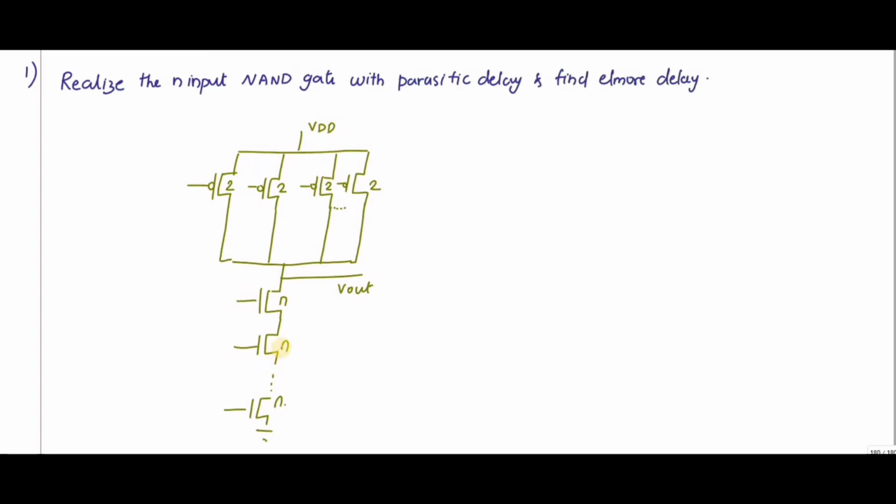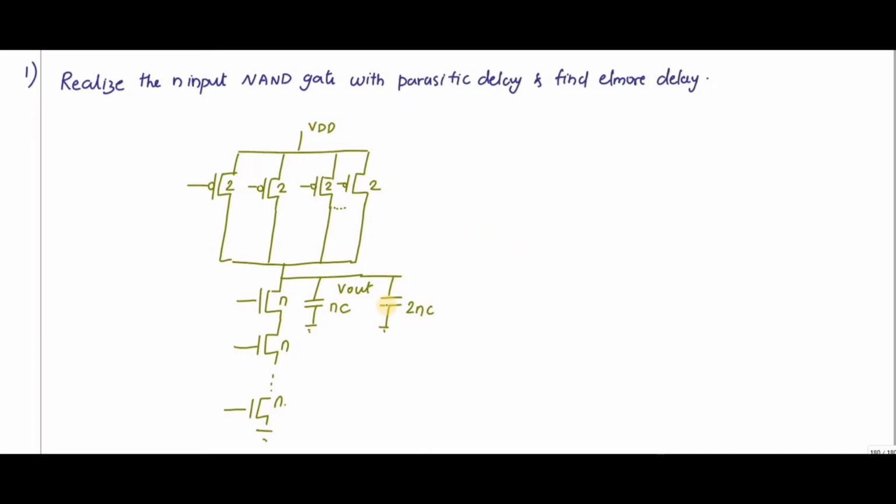So I can write the capacitance value of this NMOS as nC, and for this one it is 2nC. Why 2nC? If I connect only one PMOS it is 2C, so if I connect n PMOS it is 2nC.